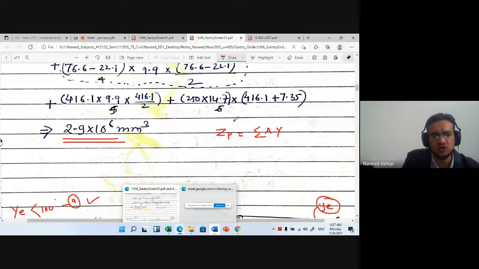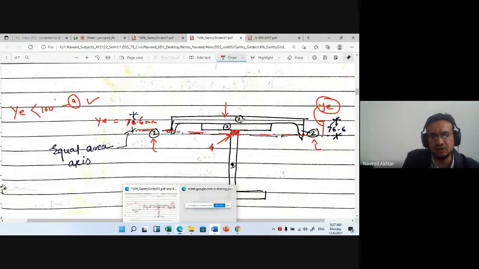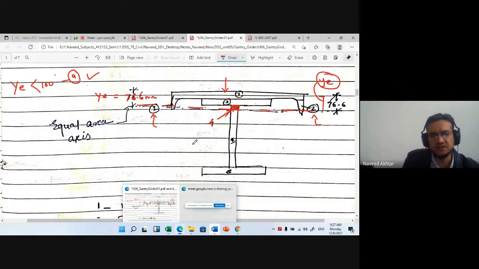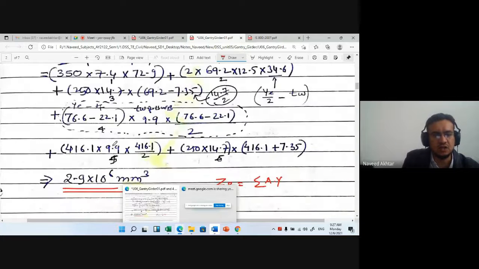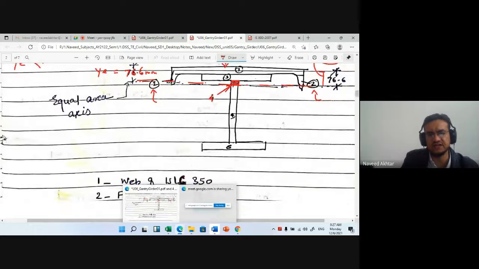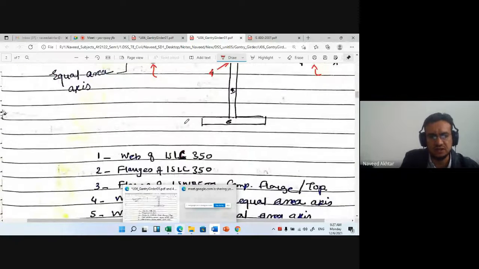You can see the flange part of the channel section, the web part of the channel section, the flange part of the I section, again the web part, and then a small part of 5 and 6 goes below the equal area axis. All these things we can note down, and we can find out the ZP, that is the plastic section modulus of your section. So this I section is divided into how many parts to find the plastic section modulus.